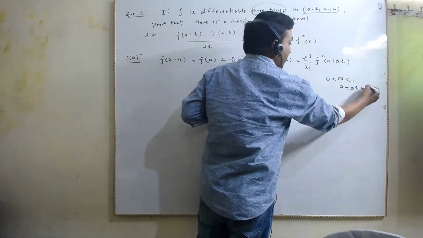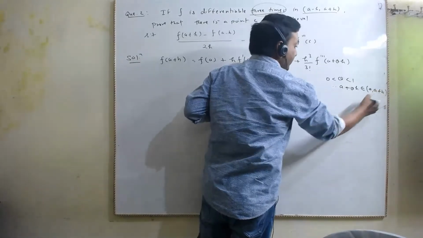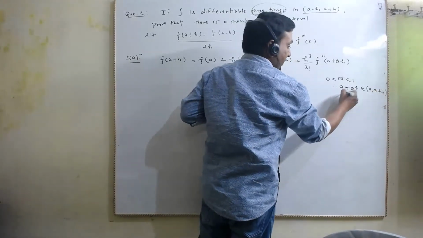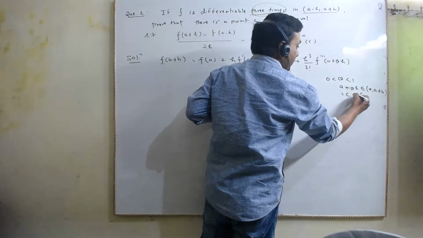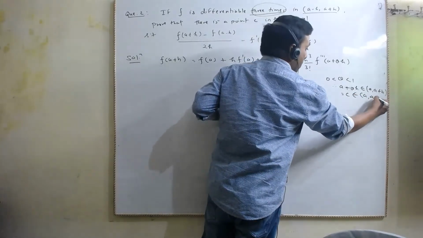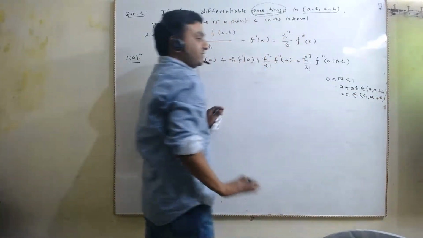This point will belong to the interval a to a plus h, right? So you can write a plus theta h belongs to (a, a plus h).